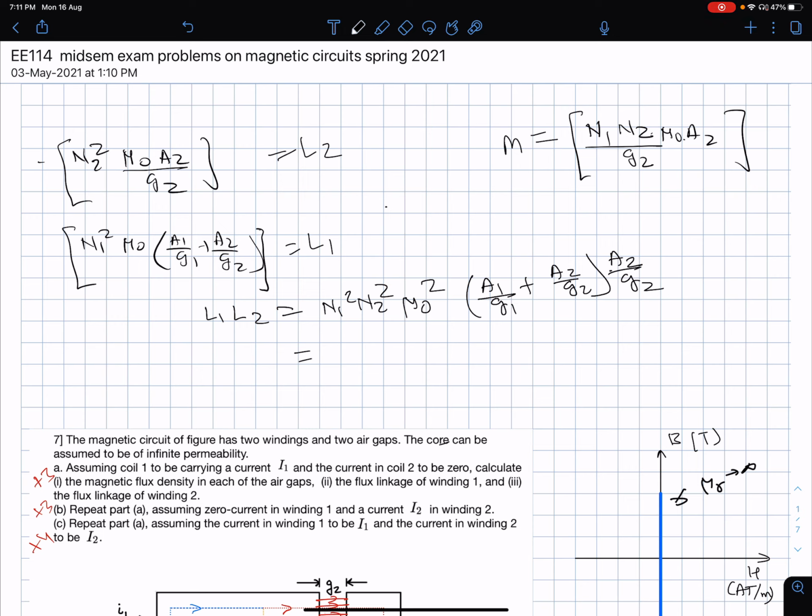Now look at M square. What is going to be M square? N1 square, N2 square, mu 0 square, A2 square divided by G2 square, is it not?